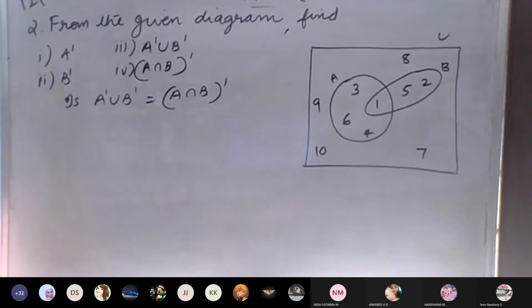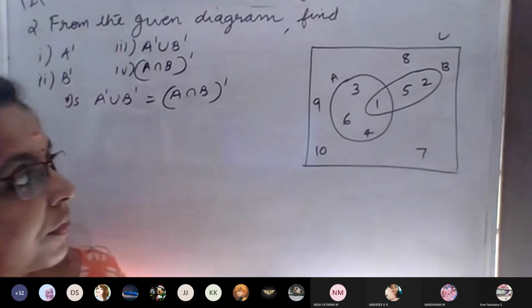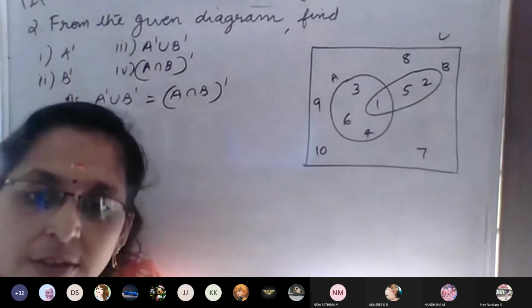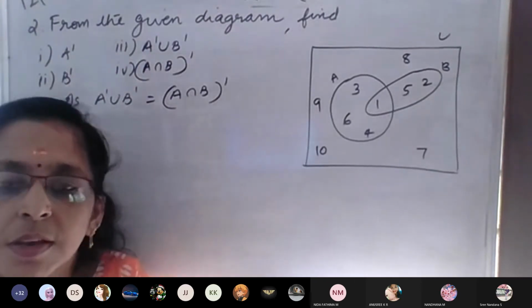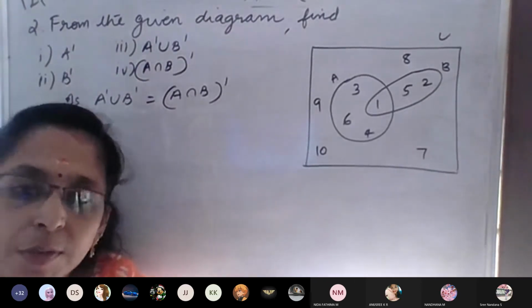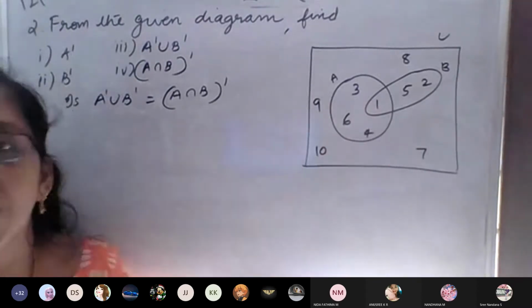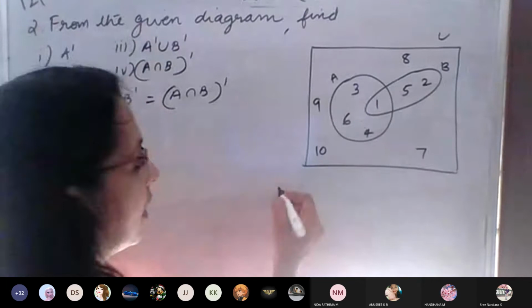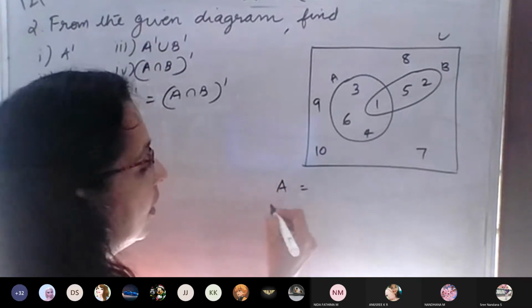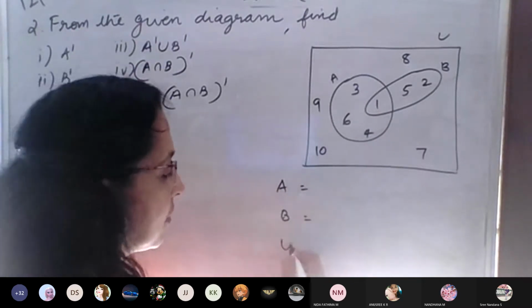So start. I think first write set A, set B and a universal set, so that we will be in a safe zone. Otherwise looking at the figure means it will be difficult. So first from the figure write A, then B, then universal set also you write.